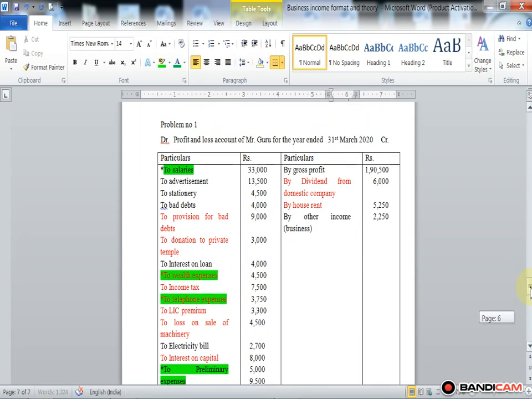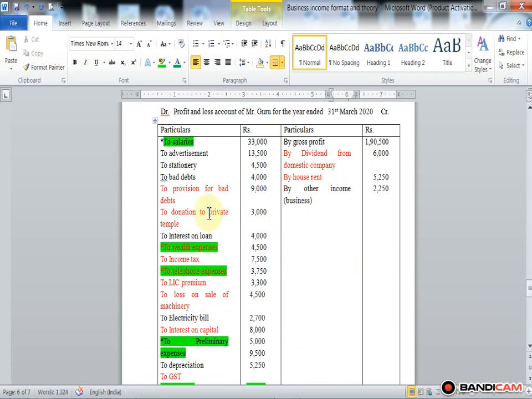Provision for bad debts we take into consideration, or we add this provision in net profit.